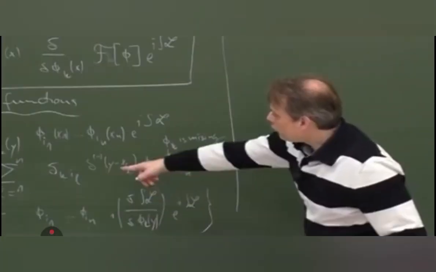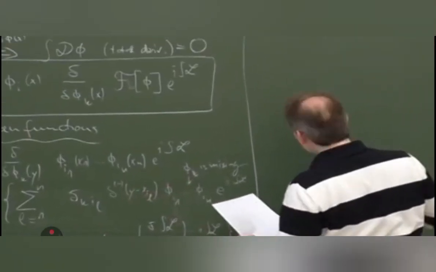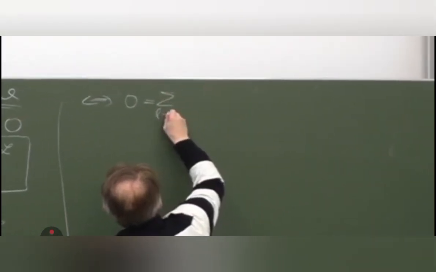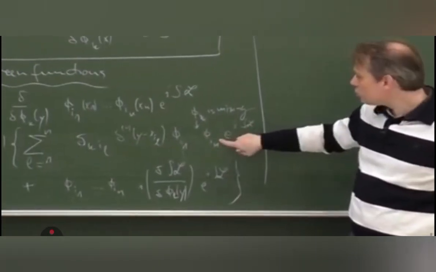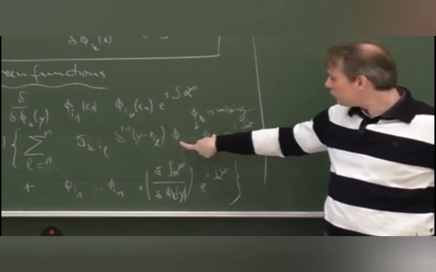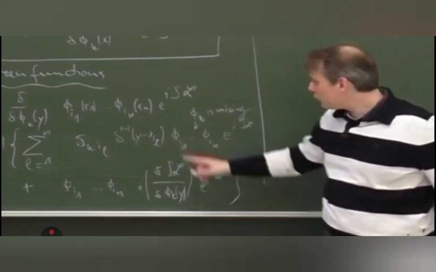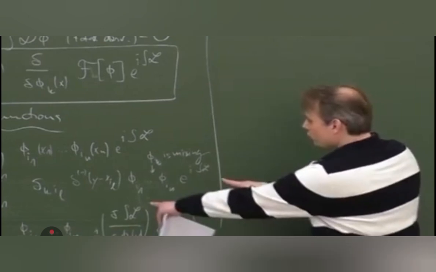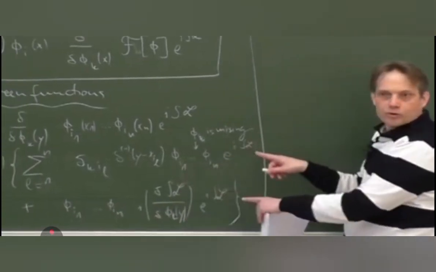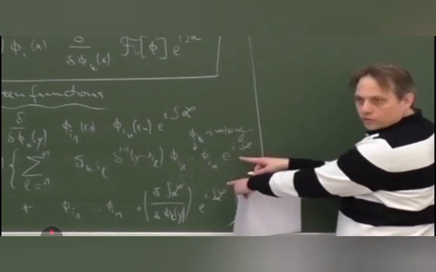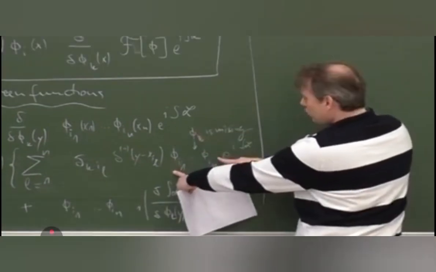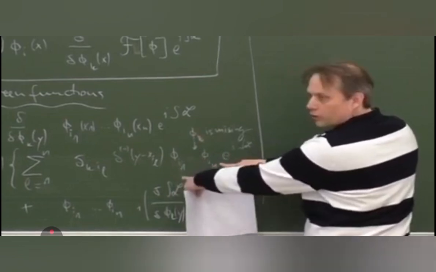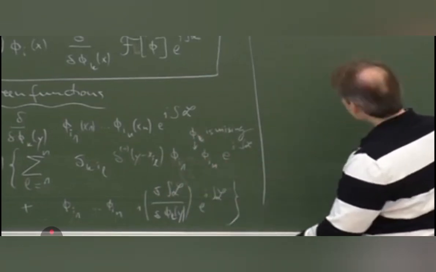But let's translate it into operators, then it becomes a little more compact. So the first line corresponds to what? The sum over L equal 1 to n. The first line is a path integral over the usual exponential times a set of field operators where one field operator is missing and replaced by the delta function. So this path integral, generally up to a normalization, generates a Green function of those field operators without phi_k. So this is a Green function with n minus 1 field operators. Let's write it down.